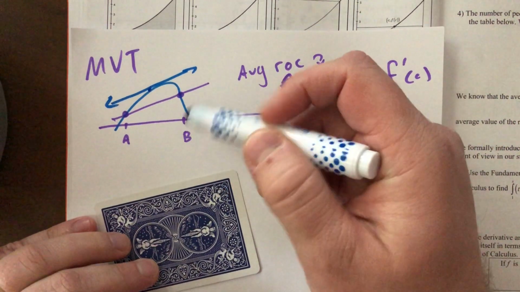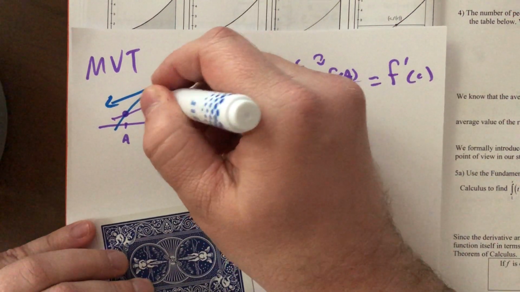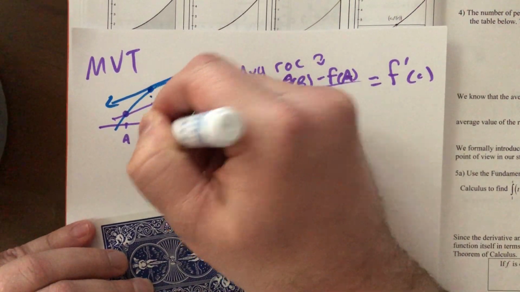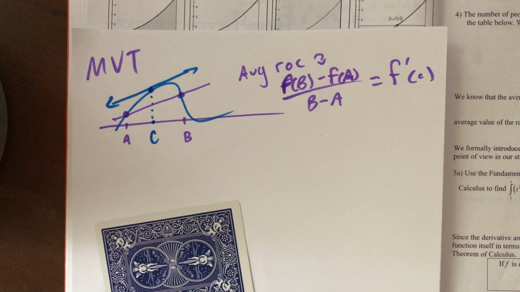There's some tangent line or some value c, sorry, where f prime of c is the same slope. It's exactly the same number as that average rate of change.